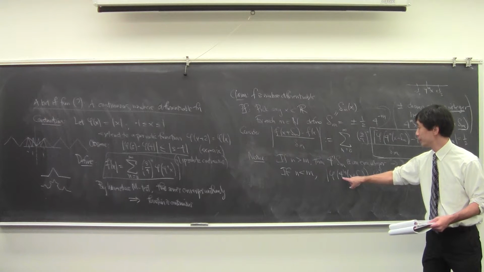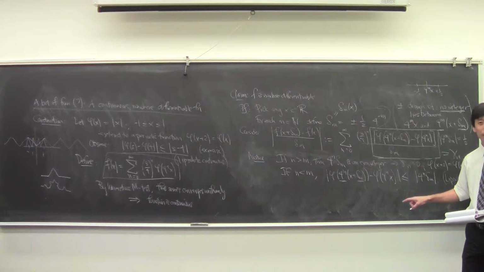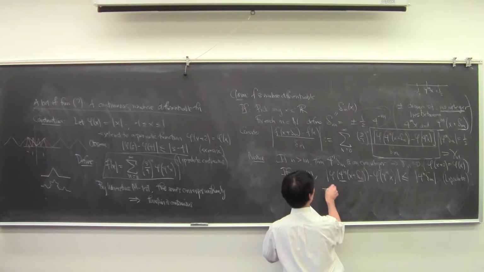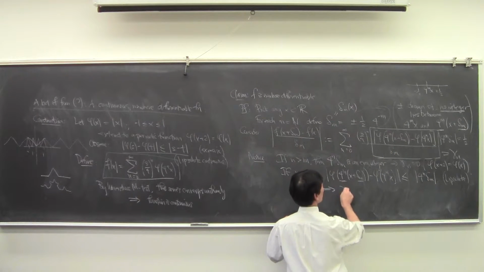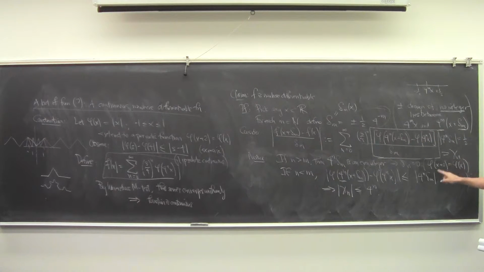Well, the difference between the inputs is just this product here, 4 to the n times delta sub m. The difference in the values is smaller than the difference between the inputs. Okay. So what does that tell you? That tells you that in that case, gamma sub n in magnitude is smaller than 4 to the n. Because gamma sub n was this thing divided by delta m. So you divide by delta m and you just get 4 to the n.